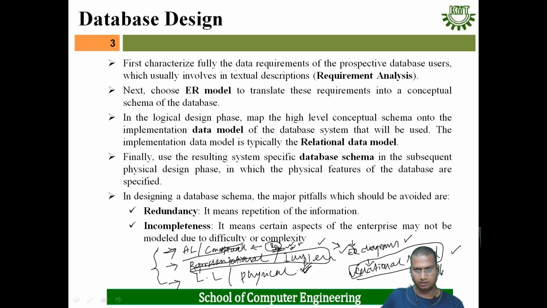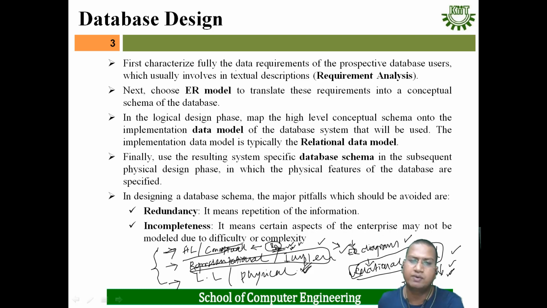After creation of the table, we have to analyze whether any kind of anomaly is present in that relation or any kind of redundancy problem is there. We have to remove or reduce those problems. Understood? For that purpose, several mechanisms are there. All those things we will see.